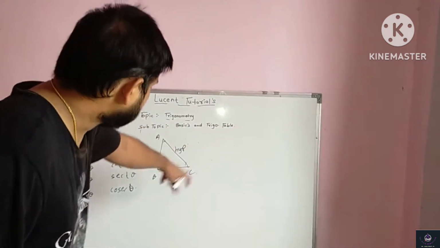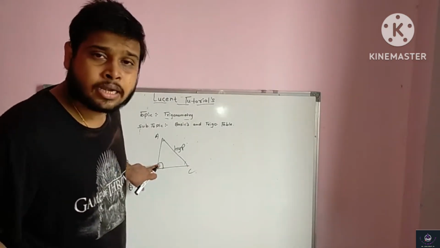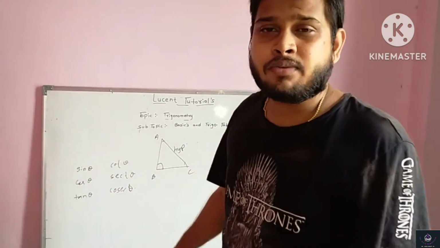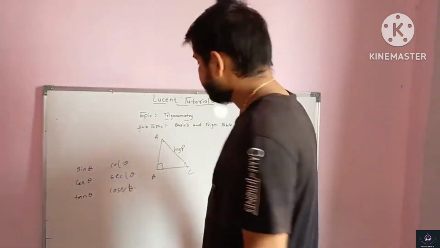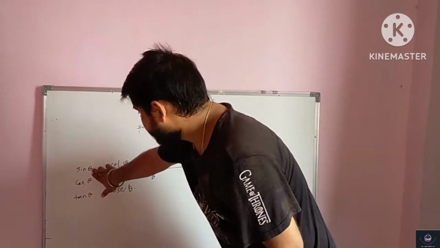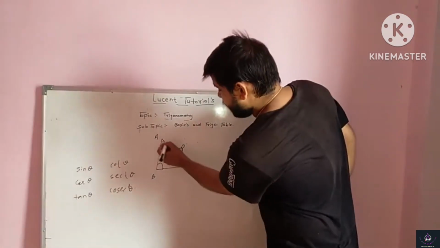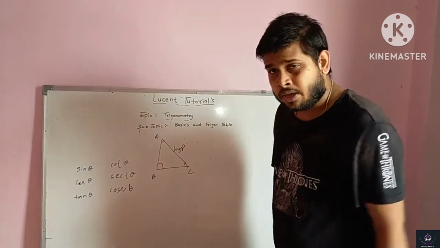Because the overall measurement of a triangle is 180, and we know one angle is 90, then the other two will be less than 90, and less than 90 we call an acute angle. So we can talk about either A or C. As we see the theta over here, we can use either A or C.